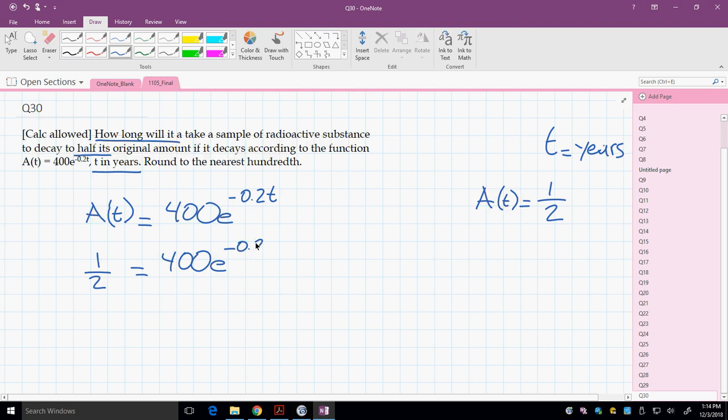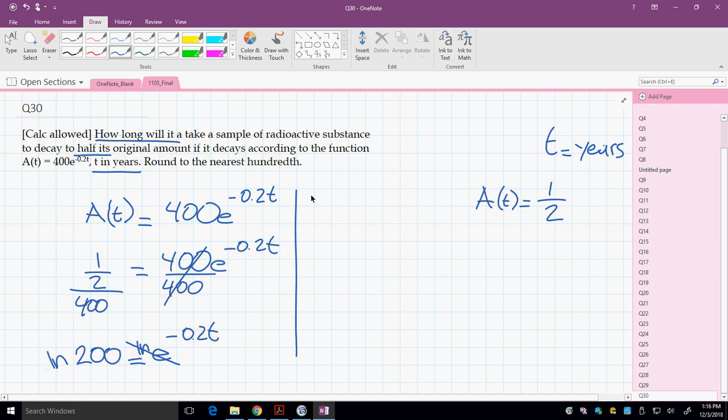So negative 0.2t. First I'm going to divide by 400 both sides of the equal sign. You can put that in your calculator. This is going to give you 200. Cancel. E raised to the negative 0.2t. In order for us to cancel the e, we have to use natural log both sides. These cancel each other out.